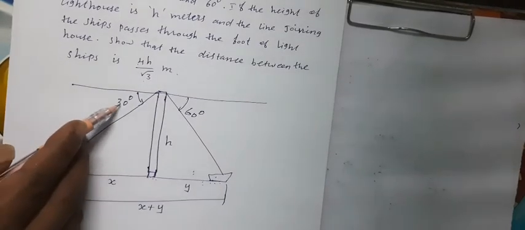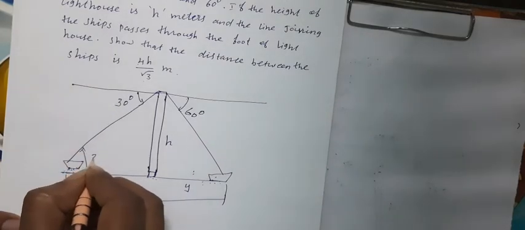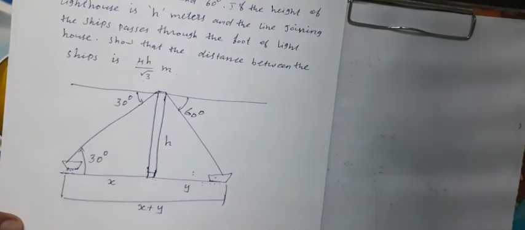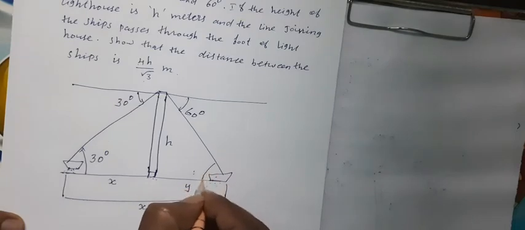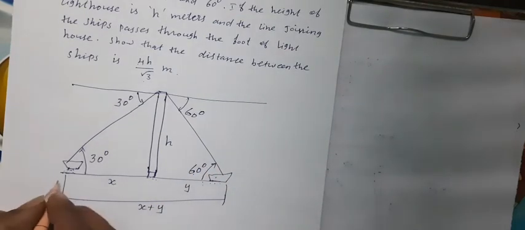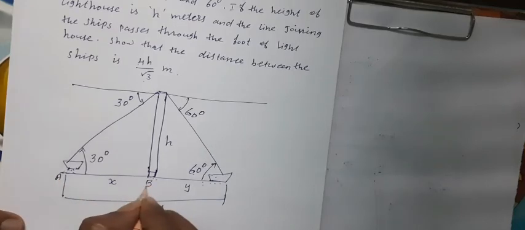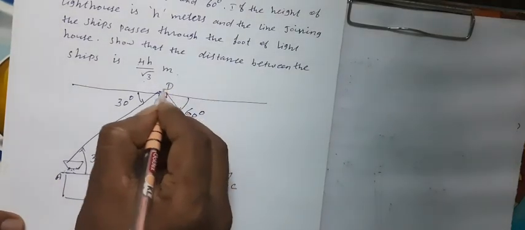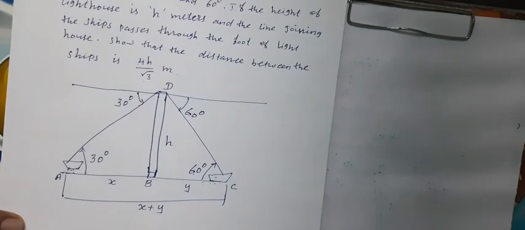Next, the angle of depression is equal to the angle of elevation, so here it is 30 degrees and here it will be 60 degrees. Next, we take the points A, B, C and D. So this is the given question.